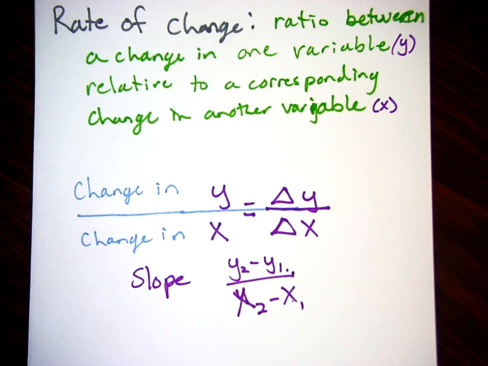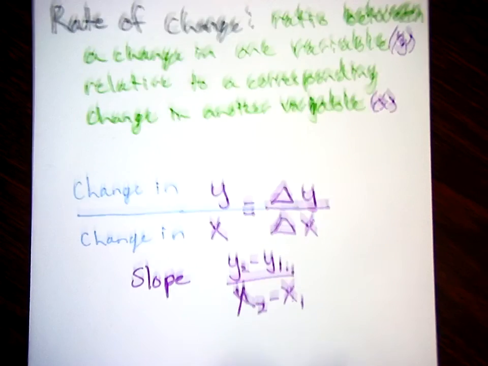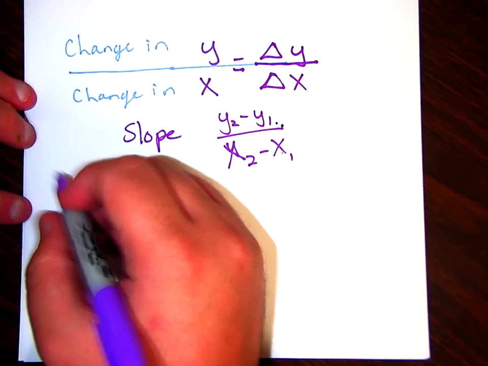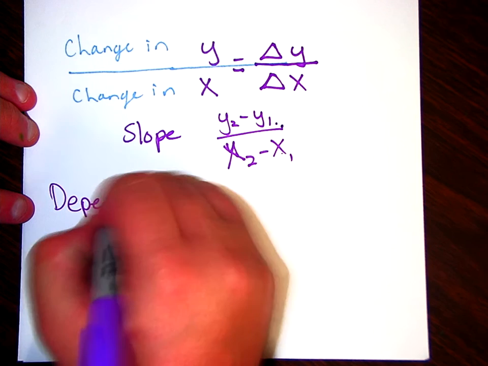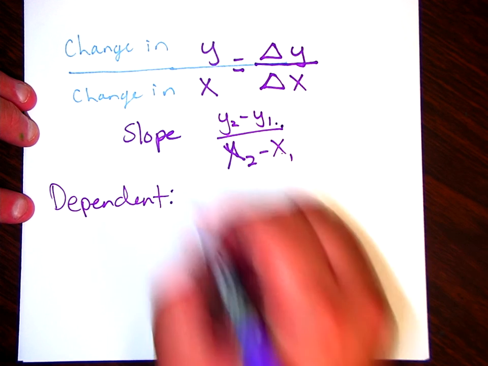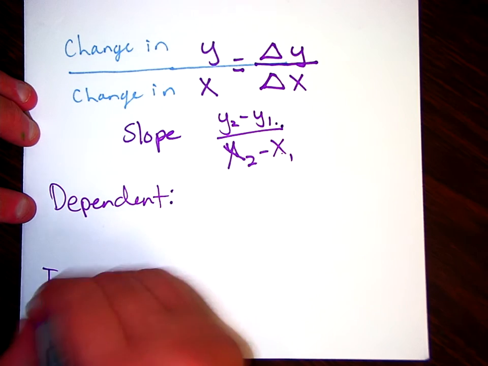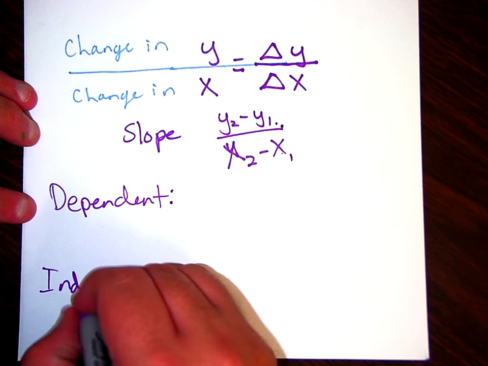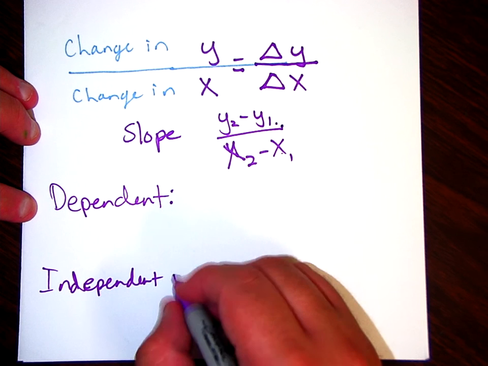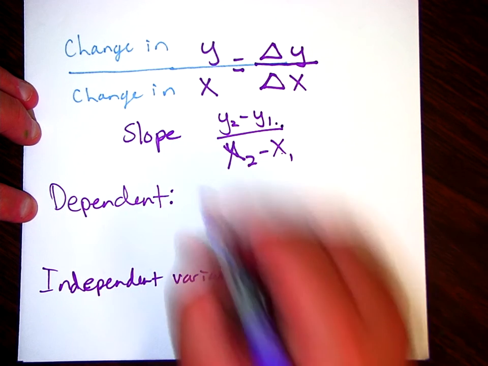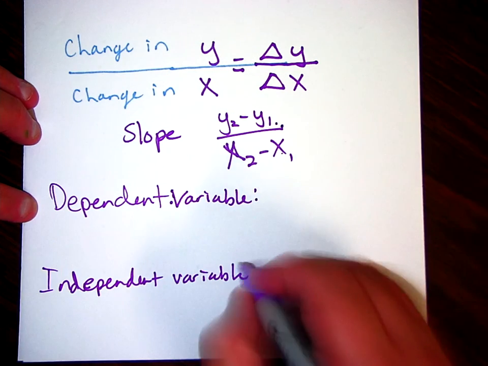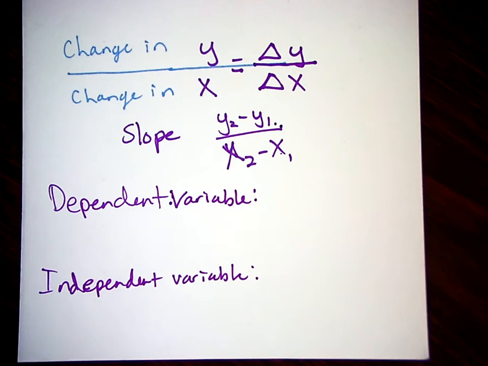Now, before we talk about those things, we do need to give one or two more definitions here. We need to talk about the dependent variable and the independent variable. We need to define those because they are very important here.